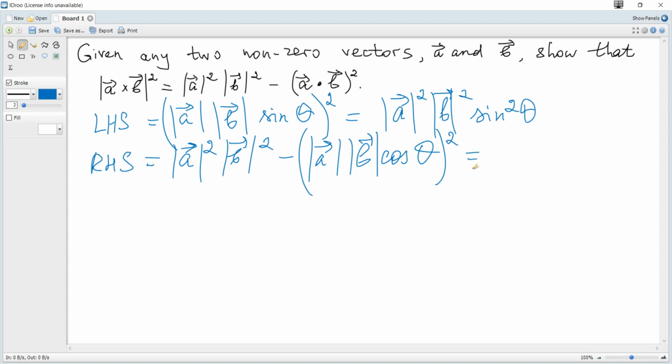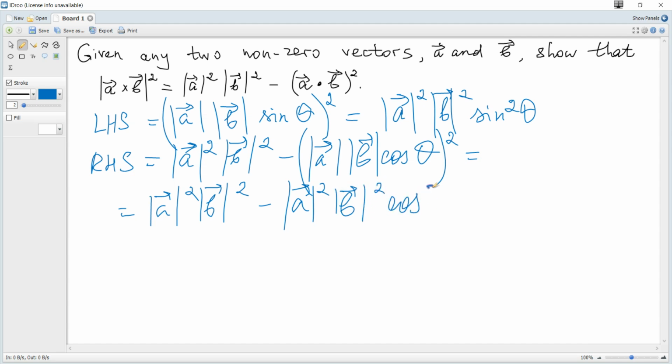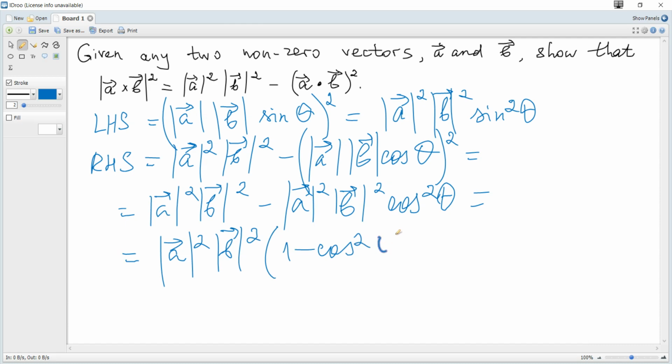squared, and hence it becomes a vector magnitude squared, b vector magnitude squared minus a vector magnitude squared, b vector magnitude squared, cosine squared of theta, and it becomes a vector magnitude squared, b vector magnitude squared multiplied by 1 minus cosine squared theta.